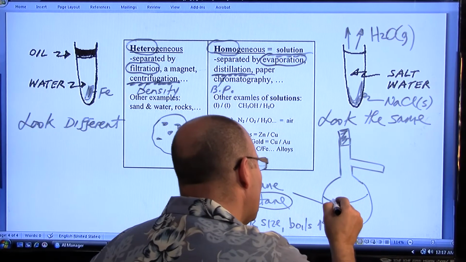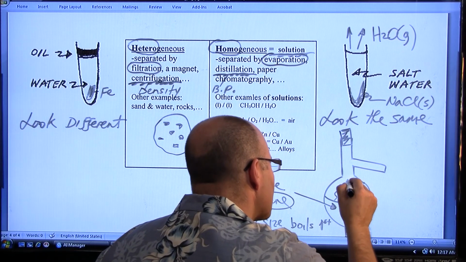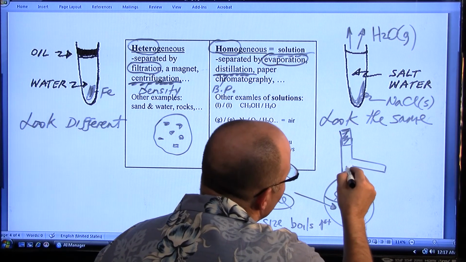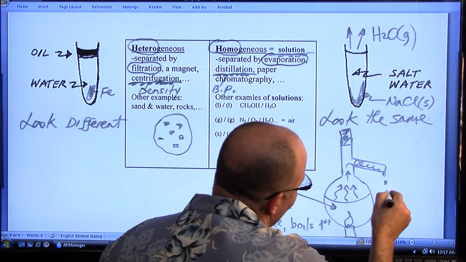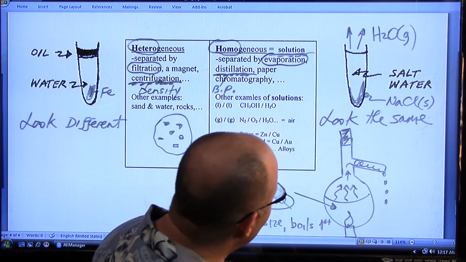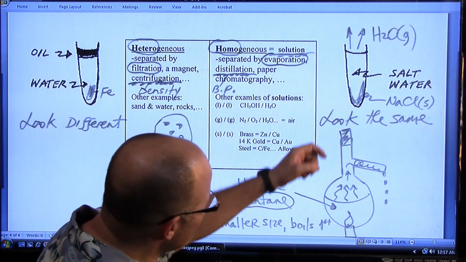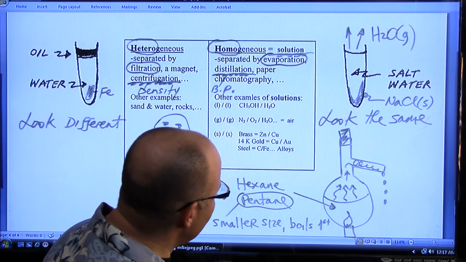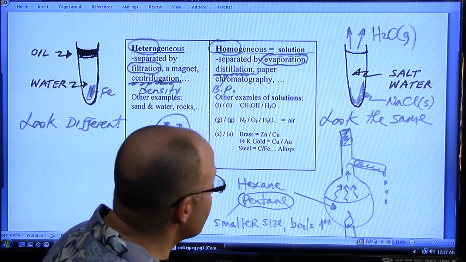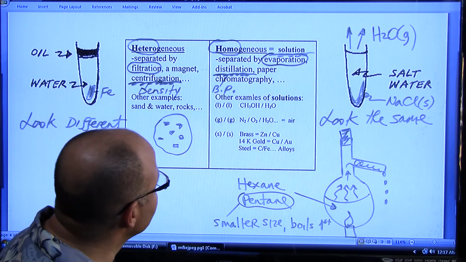So when the pentane boils or vaporizes, those vapors rise and then pass through the condenser, and through the condenser they cool down and turn into a liquid. So you could separate these liquids from each other. Usually there's a thermometer in here, so you could track the temperature at which that liquid's boiling, since boiling point is a very important physical property.